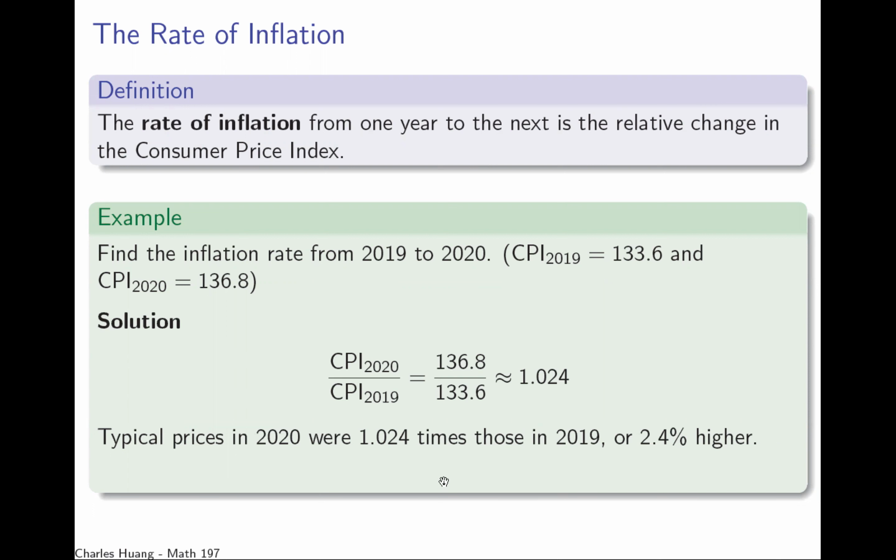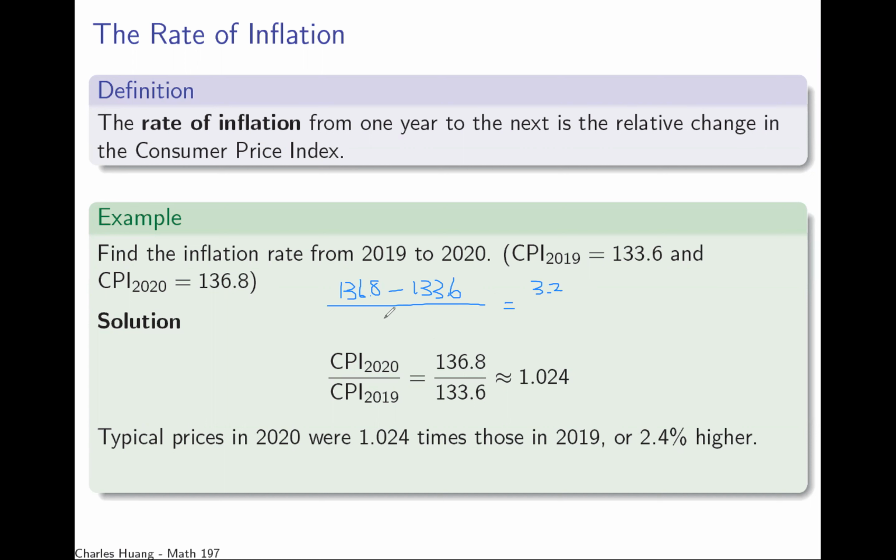We could do it like the solution shown over here, but I like to do it similar to relative change. And in relative change, this is what we do. We do 136.8 minus 133.6, right? We went up. We went up by 3.2.